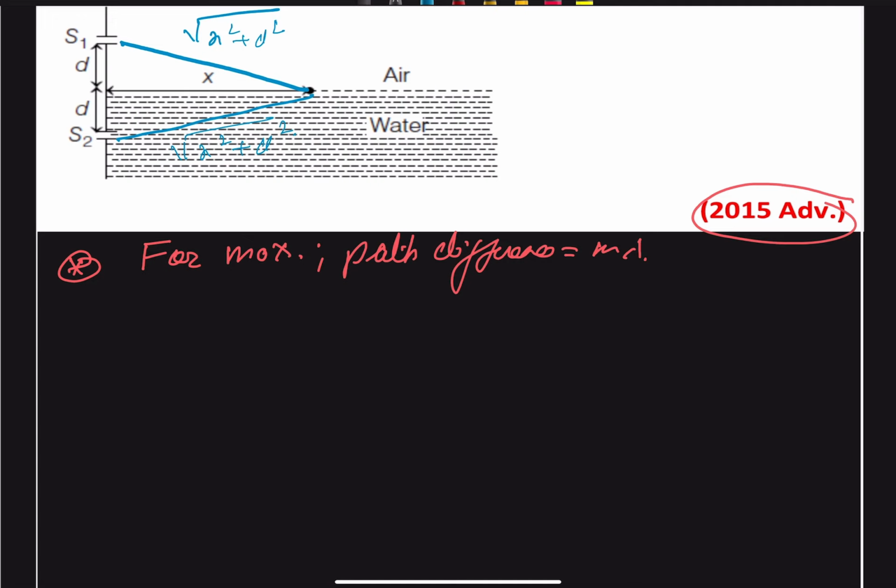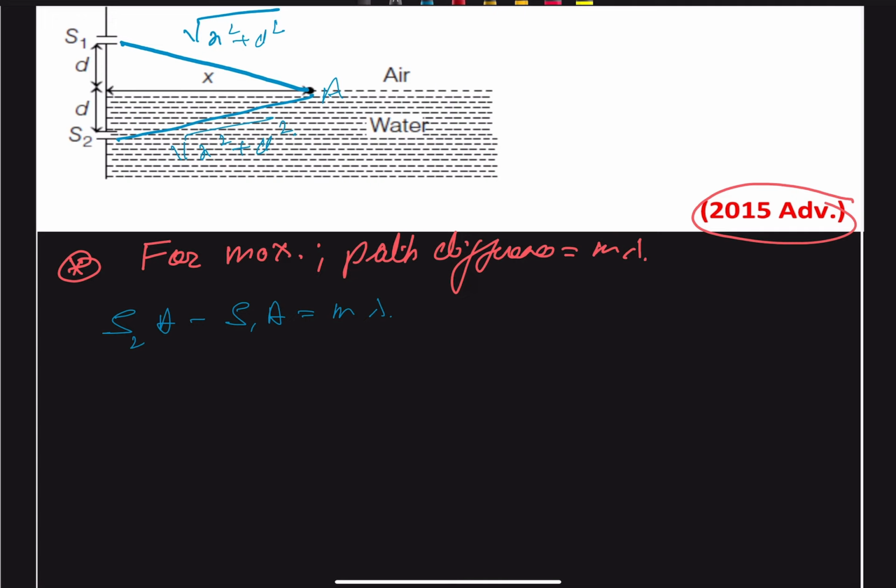So let us call this point A, and so we can write it as S2A minus S1A is equal to m times lambda. And here one of the paths, that is S2A, is within the water.